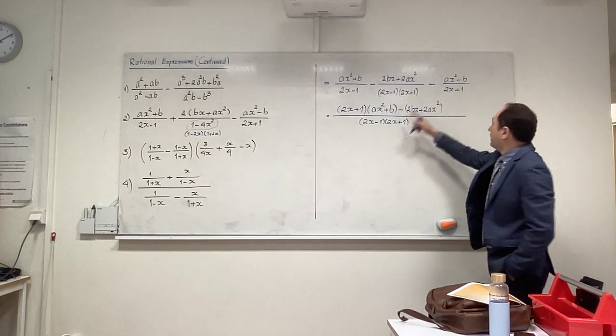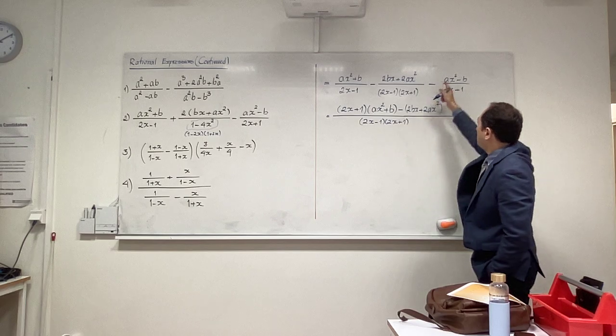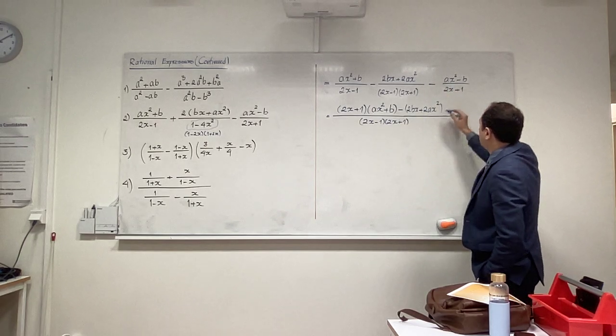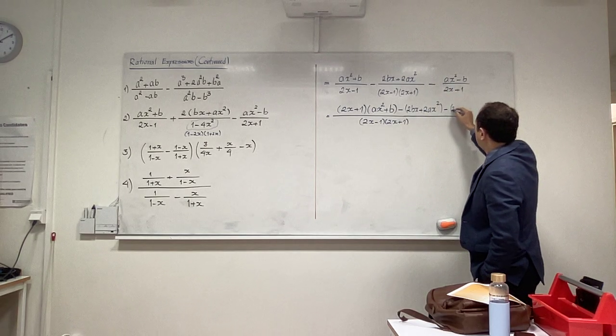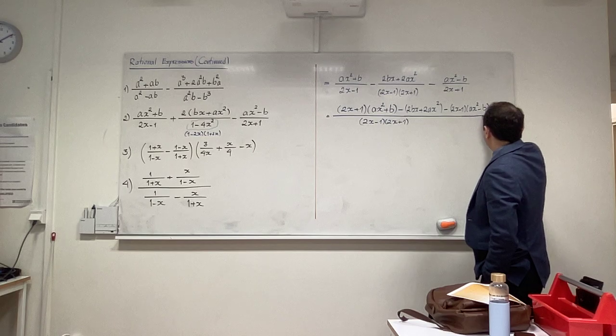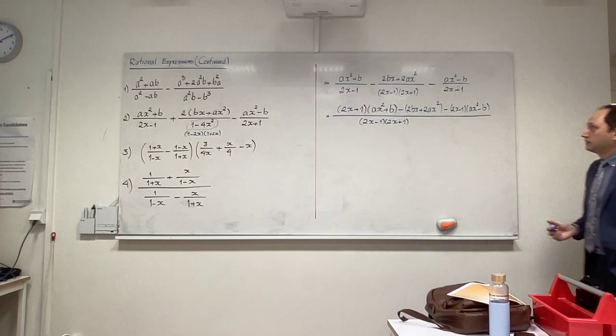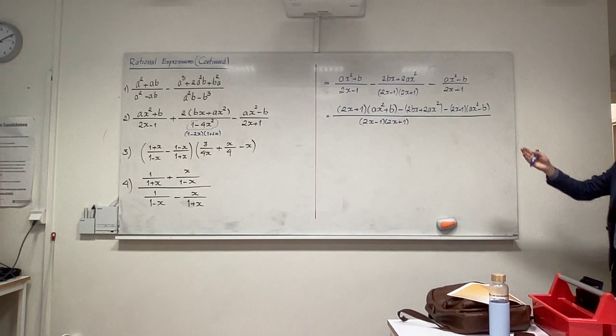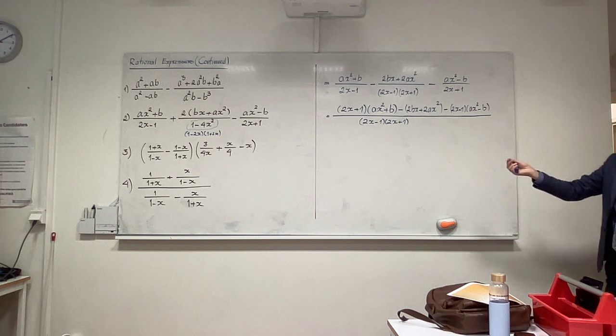And then this divided by that is 2x minus 1, and I multiply there. But of course, there's a minus sign here as well, so this becomes minus 2x minus 1 multiplied by ax squared minus b. So to be honest, this is the only hard part, that you analyze the problem like this. The numerator might be lengthy, but that is not hard.